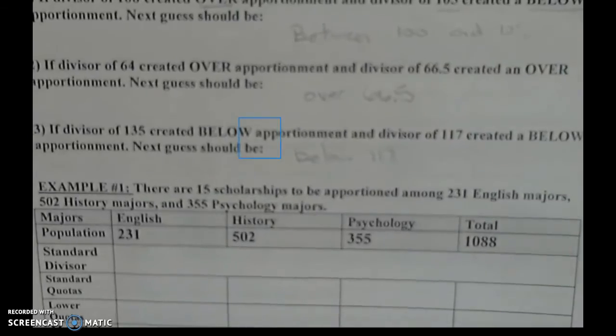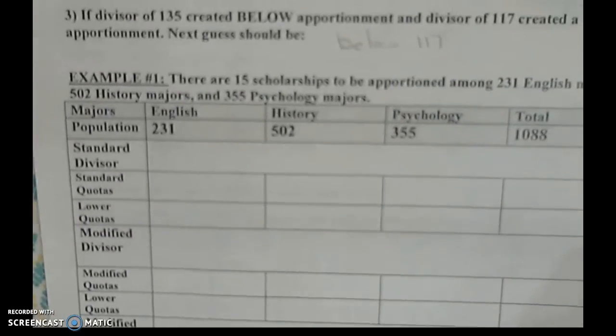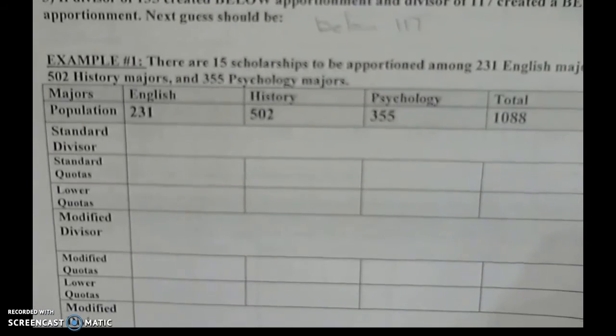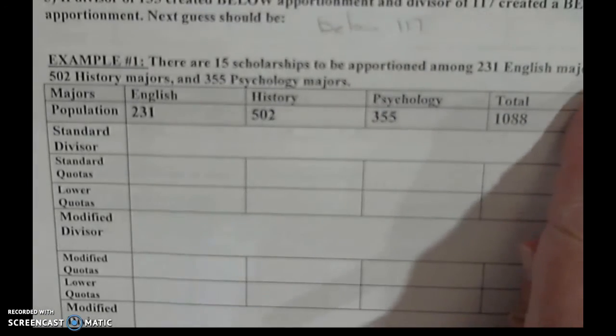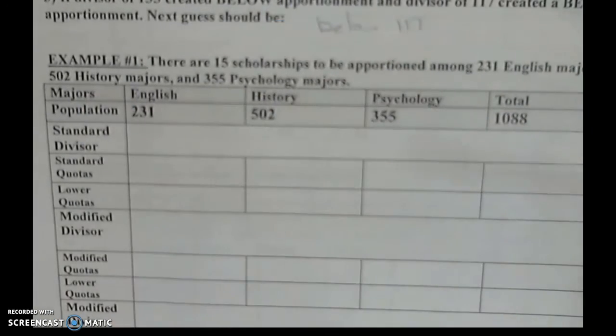Let us look at our first example here then. Like I said earlier, there are 15 scholarships to be apportioned among the English, history, and psychology majors. This first part, you're going to do just like we did the Hamilton method. We're going to find our standard divisor. How do I do that? I add them all together.